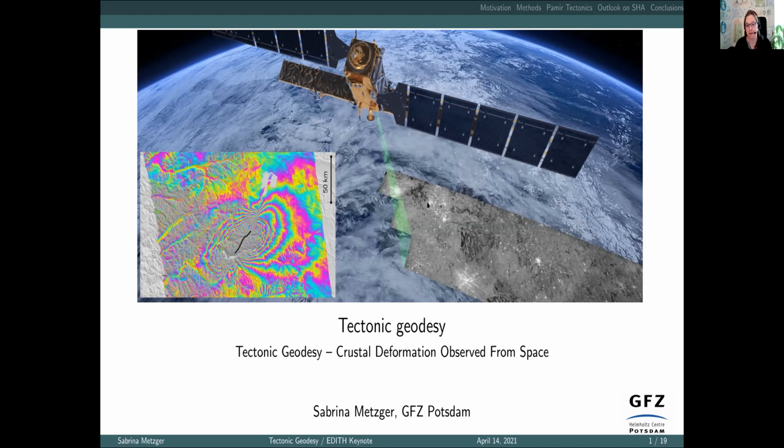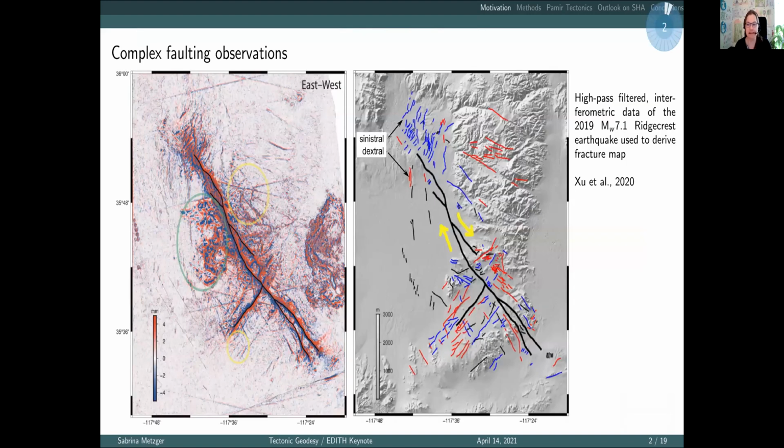I think one figure that shows this very nicely is high-pass filtered interferometric data of the Ridgecrest earthquake in California in 2019. That's what you see on the left side.